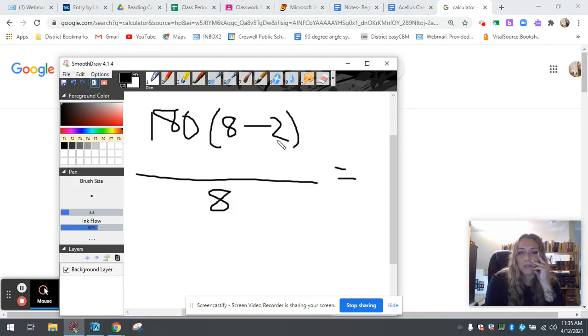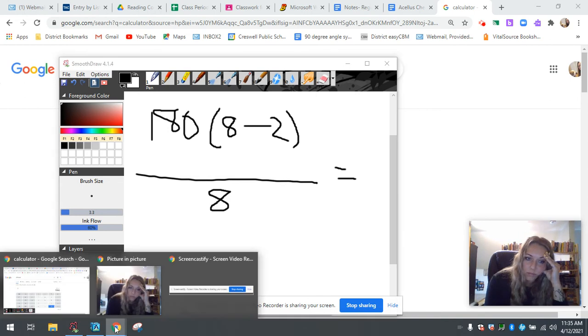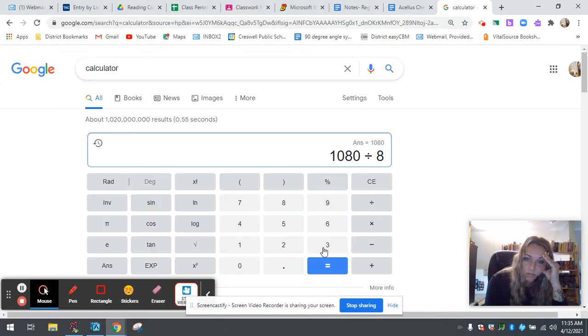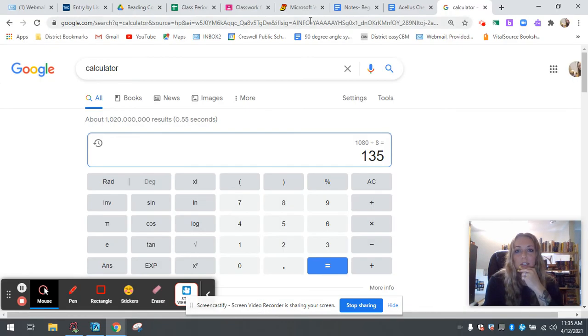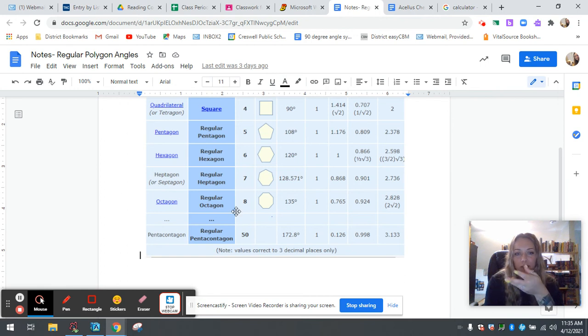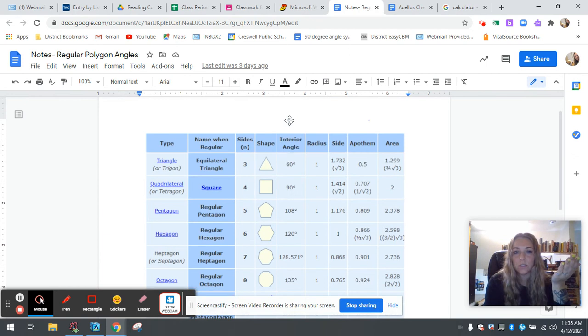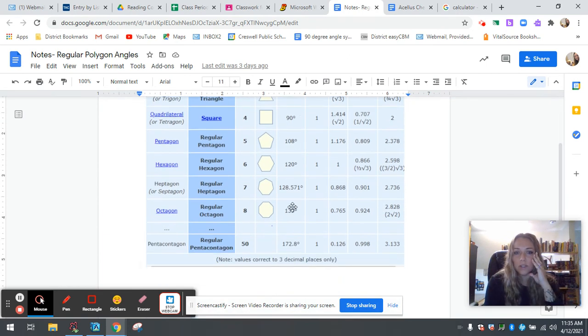So then we just divide that by 8. You get 135 degrees for your interior angles for your octagon. This answer can be found on this sheet, though. Your octagon interior angles is 135.